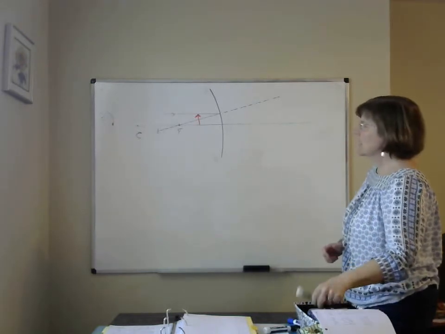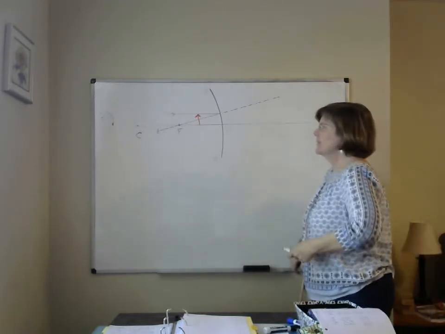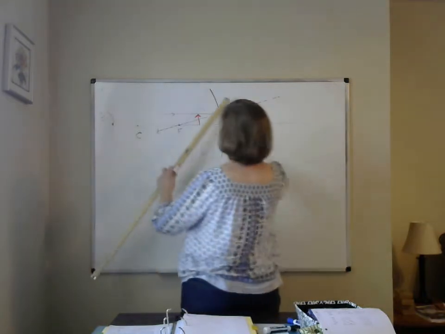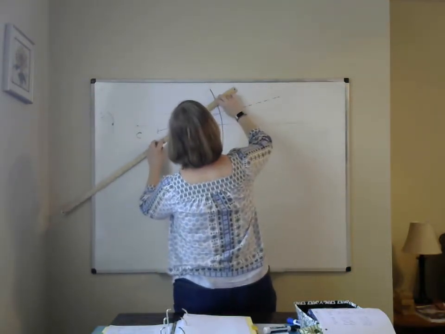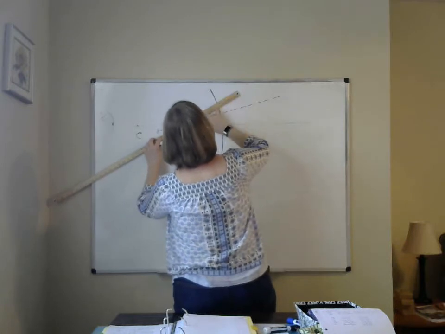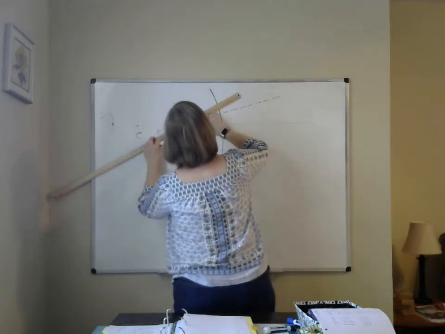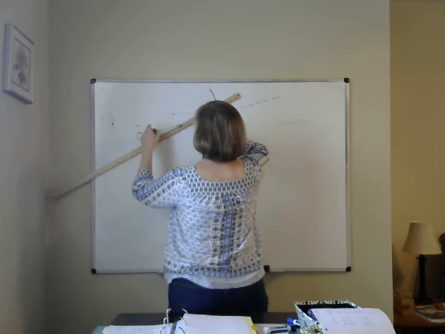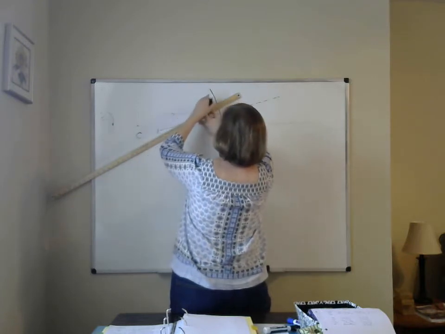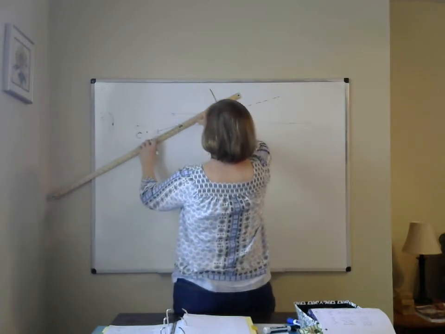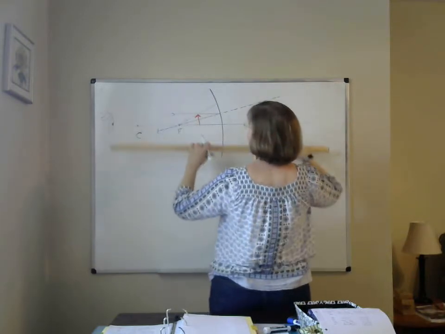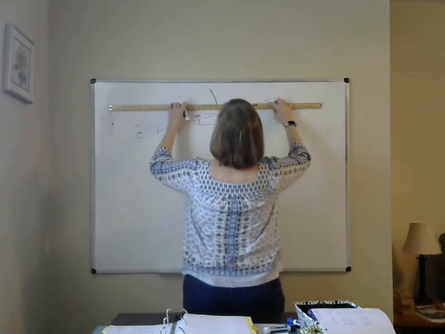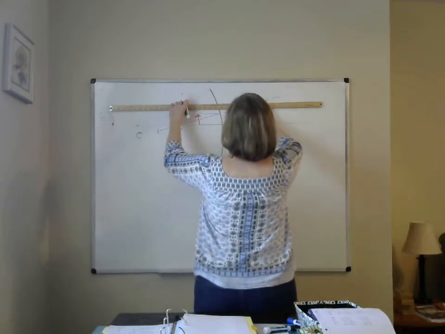Let's consider a ray that came through the focal point, like this. Any ray passing through the focal point, right across the tip there, is an incoming ray that goes through the focal point and comes in like this. It will reflect parallel.